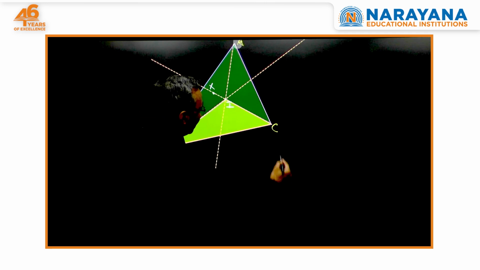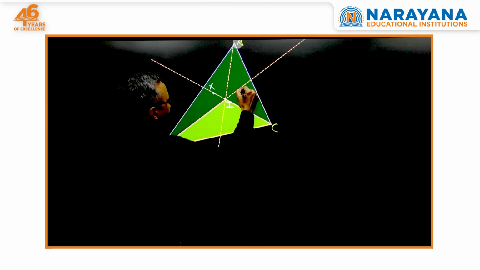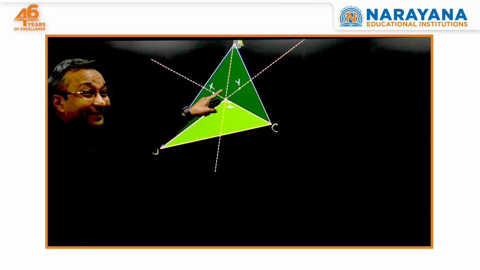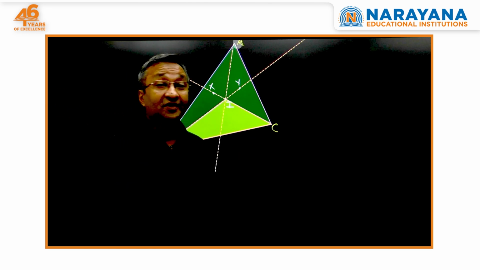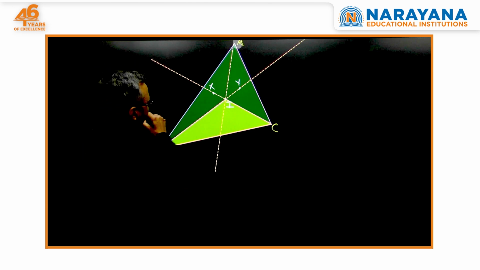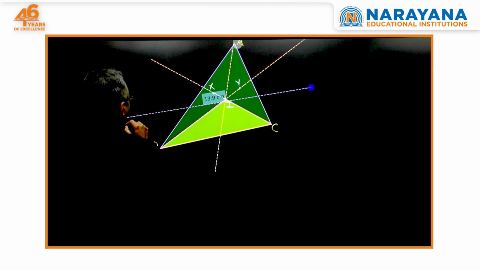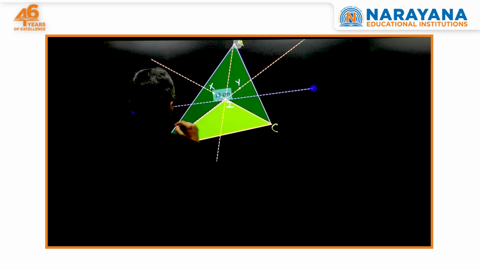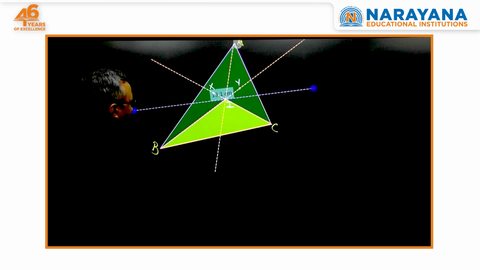Similarly, I will draw another angle bisector and get Y if needed, although we are very much clear that now I have XIB as an angle, and with the tool I can draw the internal angle bisector of angle XIB like this.